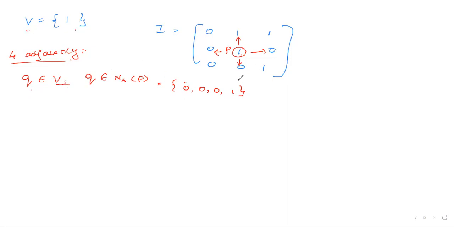So out of these 4 values, this pink color pixel is 4 adjacent. Okay. Next.